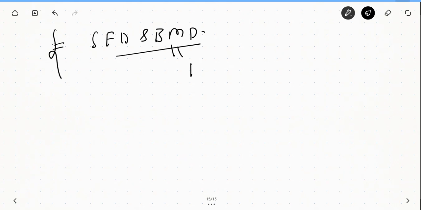And the second most important point: our first approach is to draw SFD and BMD for a loading diagram.